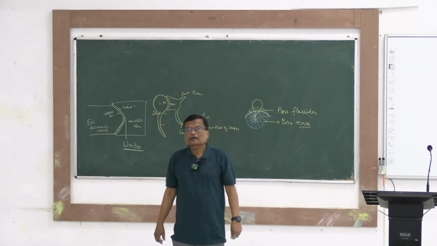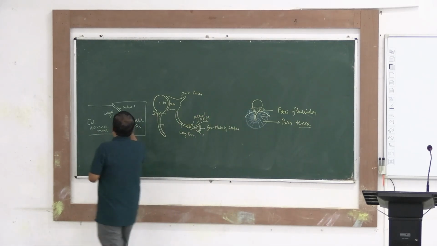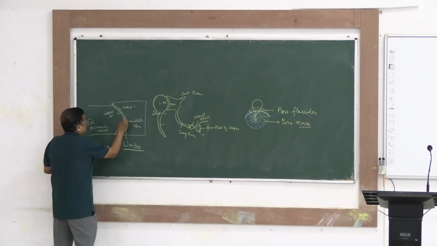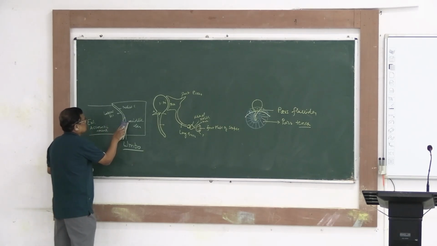The medial side is known as the umbo. And here in the fibrous layer is the handle of the malleus, crossed by the chorda tympani nerve. Here is the handle of the malleus. Sorry, above is the handle of the malleus.